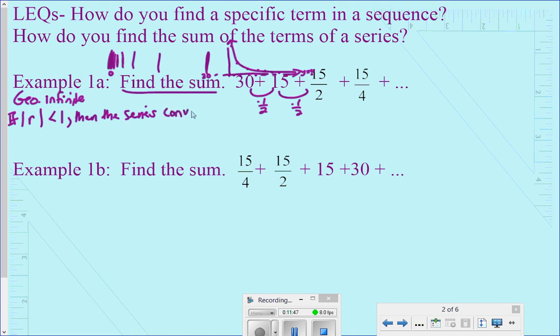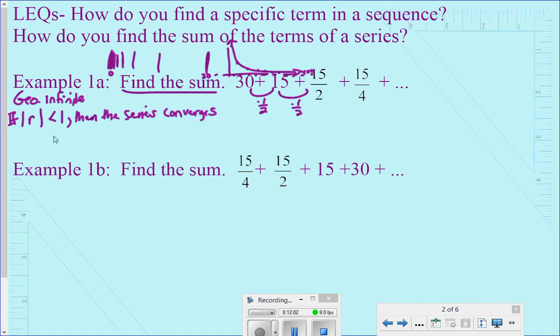That's the mathematical term, converges. And if it's converging, it's getting really close to the asymptote, which means it converges towards a sum. It's getting really close to a sum that we can approximate.